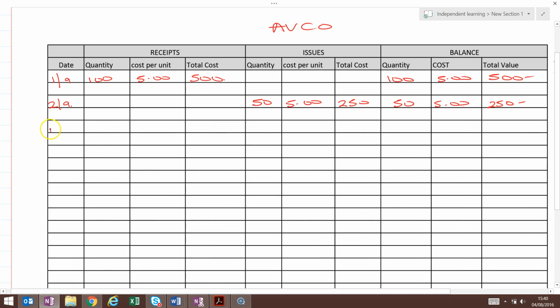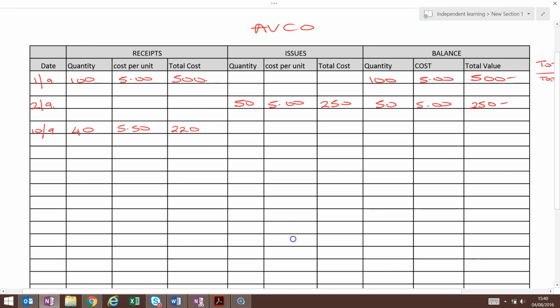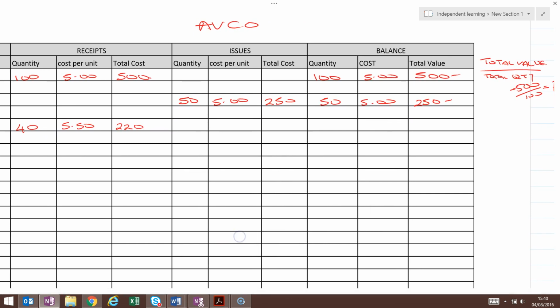On the 10th of September, we had another 40. They were £5.50, so that's £220. Now this is where it is different to FIFO or LIFO. Because it's an average cost, we don't need to keep each individual delivery separate in our balance column. So we can now just add to what we already had. So we did have 50, we've received another 40, add the two together, we've got 90 units.